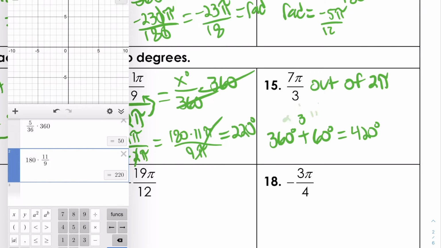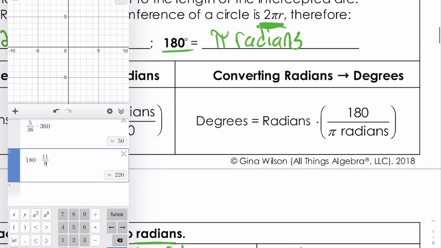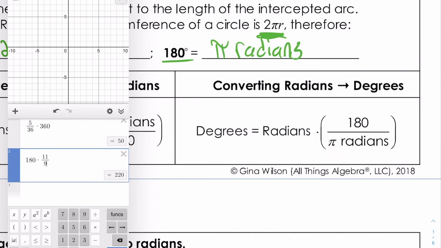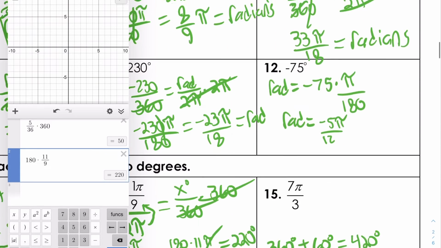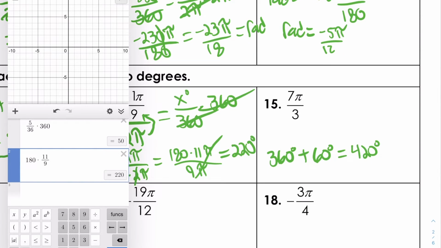Okay, so we got lucky that one, we already solved it, or I was able to think my way through it. Let's try using the formula that they have, and we'll see if the formula is nice. Degrees equals radians. This is how much they give you, the given radians, times 180 divided by pi. 7 pi over 3 times 180 over pi.